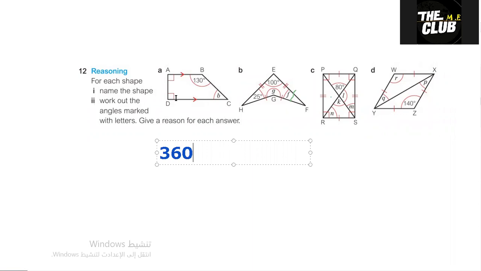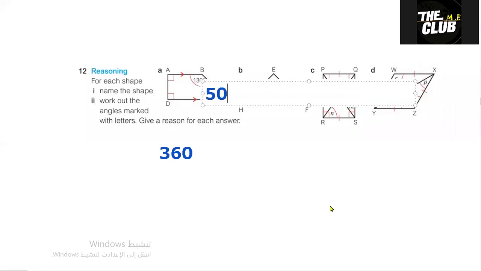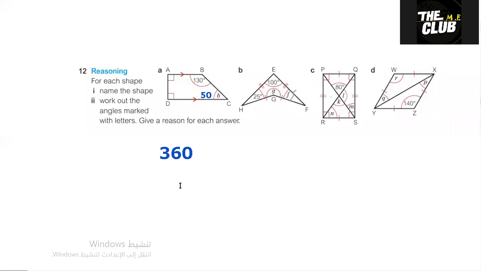So the answer here is 50. So again, how did we do it? We add up all the angles that we have and then subtract it from 360, because we know that all shapes that have 4 angles always have angles that sum to 360.